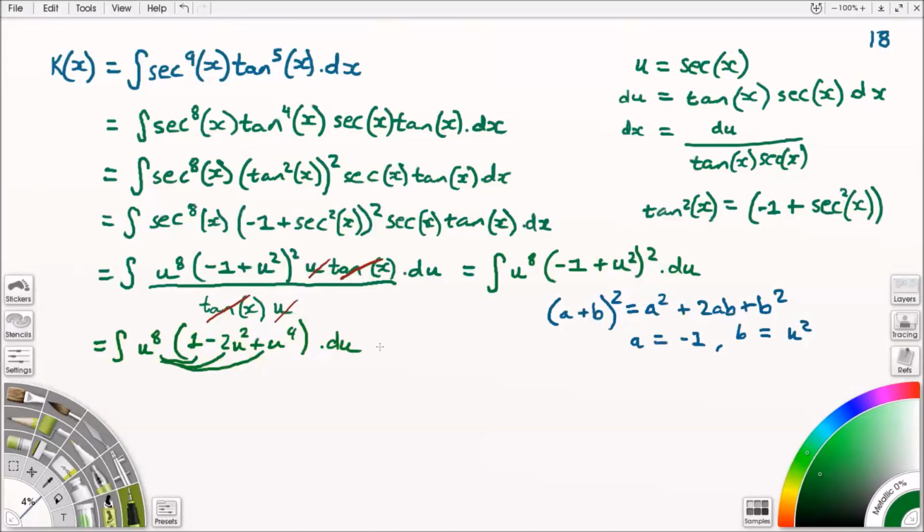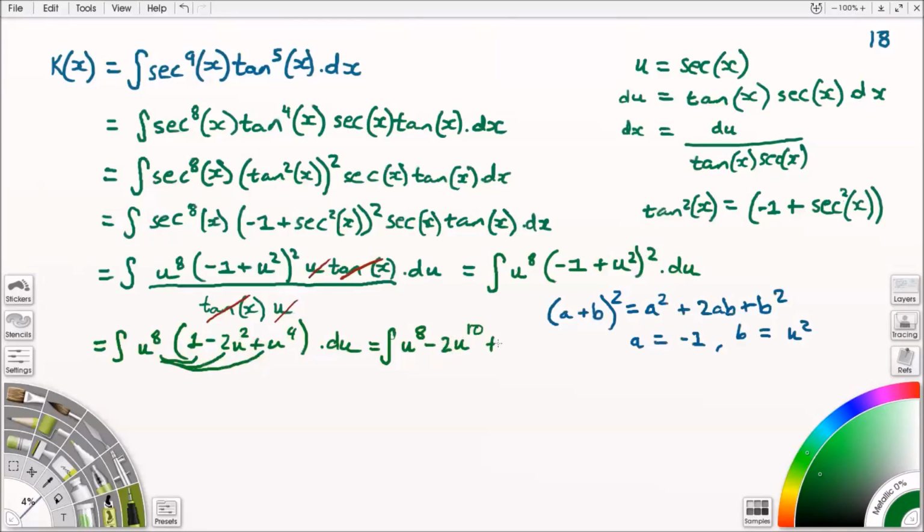I wonder how we might be able to fit this in. Let's go for gold. So it's u^8, negative 2u^8 plus 2 would be 10.